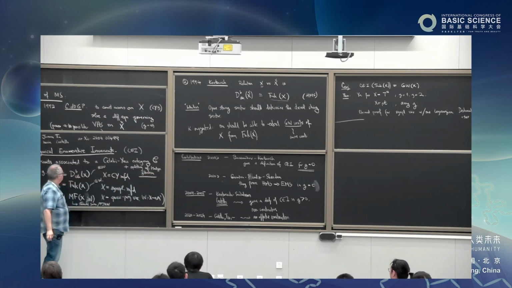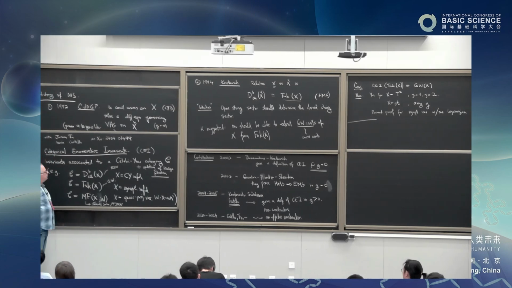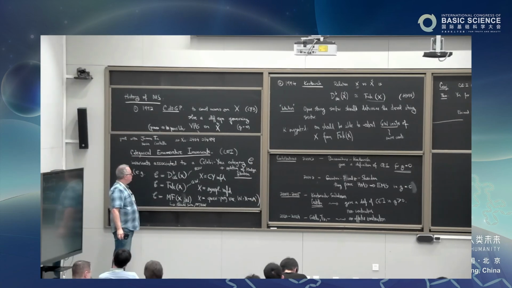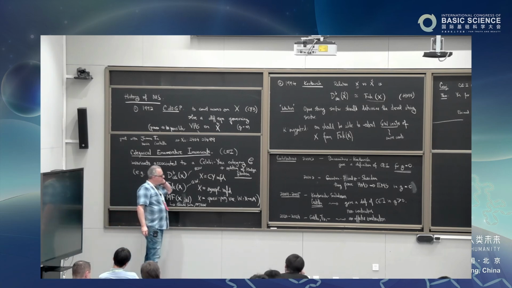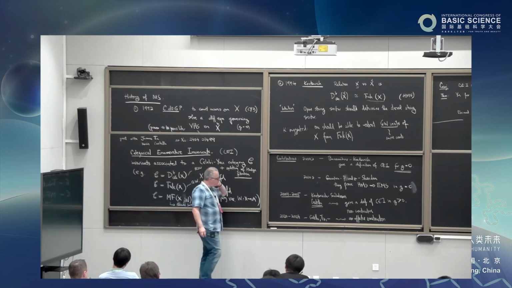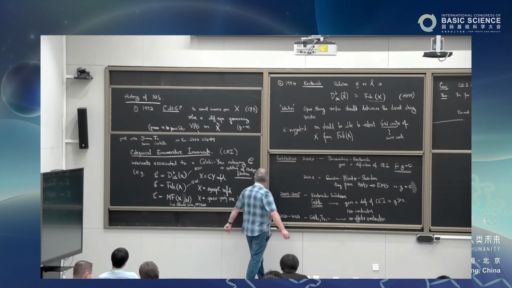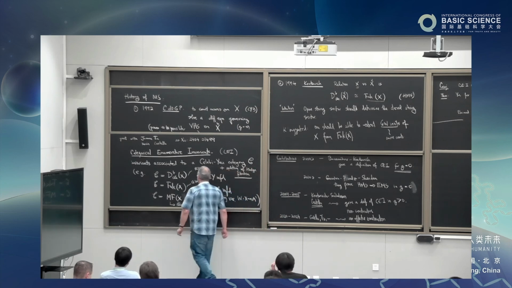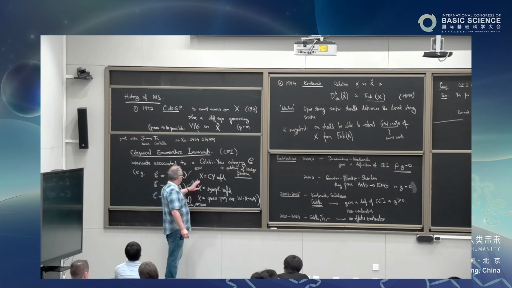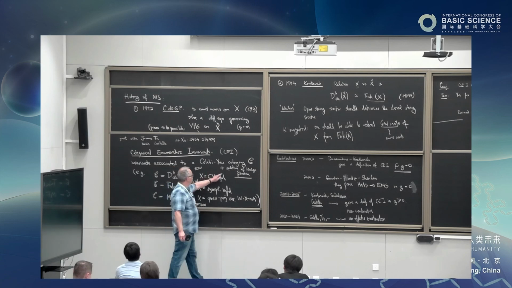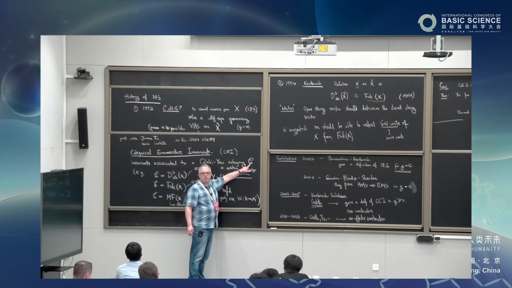It turns out this was first observed, but if you read it carefully, it was not fully understood, by Kontsevich and Soibelman in their original paper. But then Costello made it very clear that the data that's needed to define these invariants is not enough to know just the category.